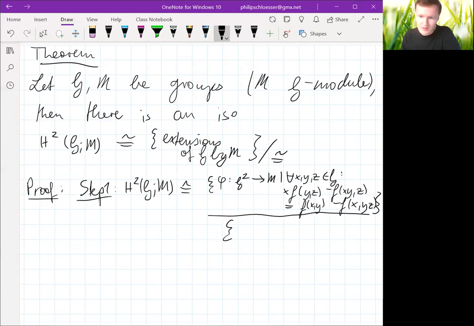All of this divided by the set of functions f such that there is a map g from G to M such that f(x, y) is equal to g(x) plus x times g(y) minus g(xy). Sorry, g of x times y.